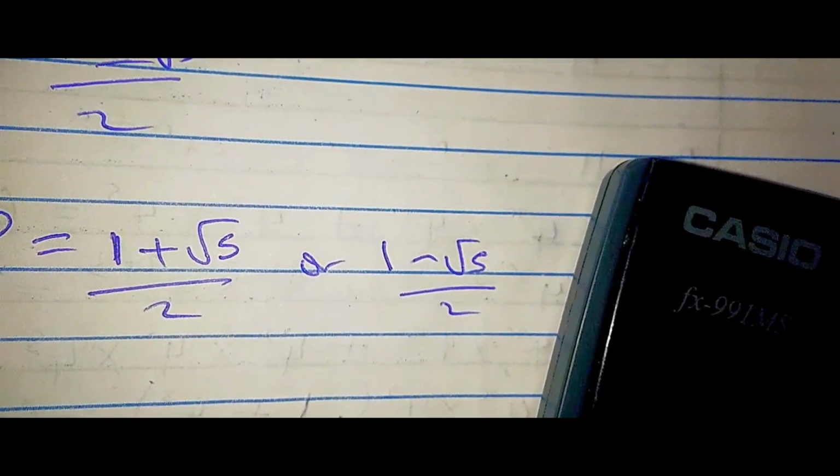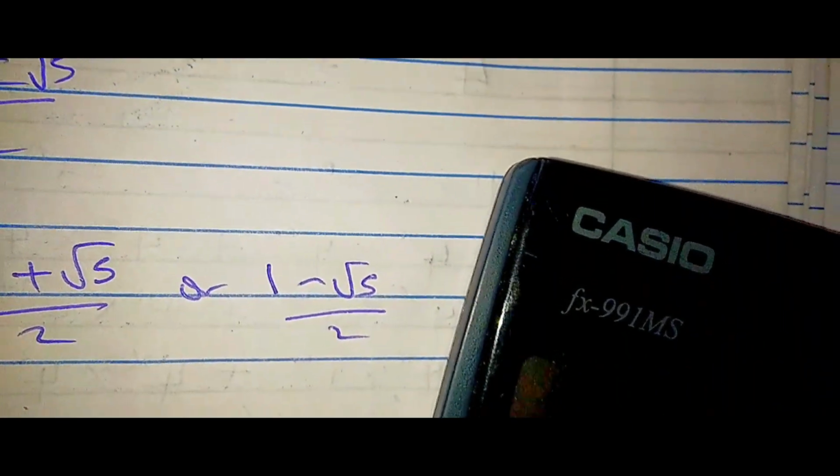So getting our calculator, we have 1 plus root 5 divided by 2.